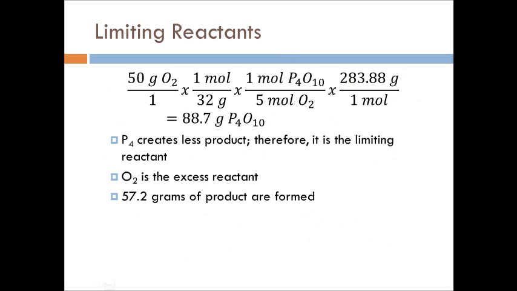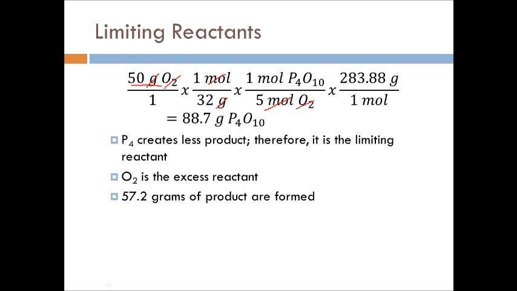The second one, we're going to start with 50 grams of O2. Again, we're going to do a mass-to-mass conversion to go from the grams of oxygen to the grams of P4O10. We're going to the same product. So we divide by the molar mass to get rid of grams. We then multiply by the mole ratio, so we get rid of our moles and our oxygen.